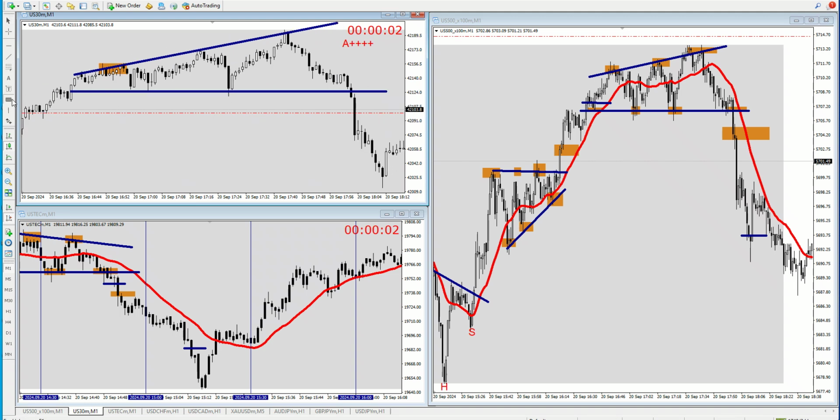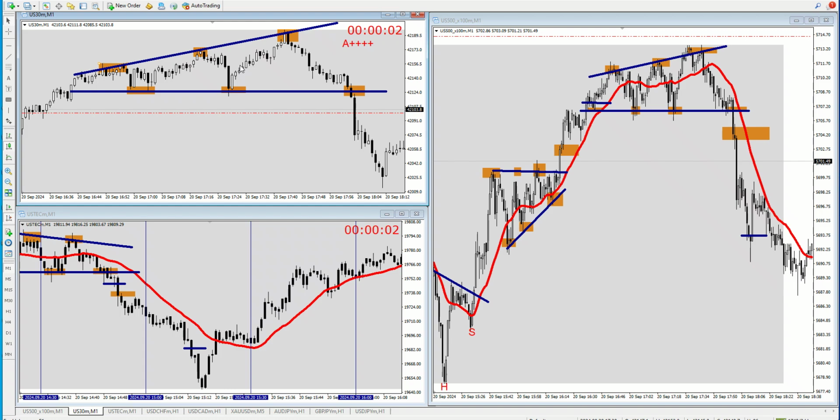And funny enough, you're still going to get millions of these patterns if you are patient and not in a hurry. They come down, they go up again, touch the line, they come down, touch the line, they go up, touch the line, they come down. 1 2 3 up, 1 2 3 down. It doesn't matter if the third one is the breakout.